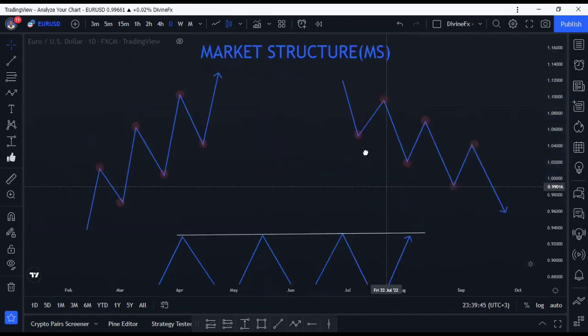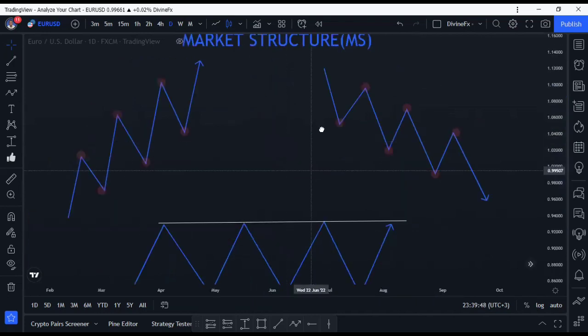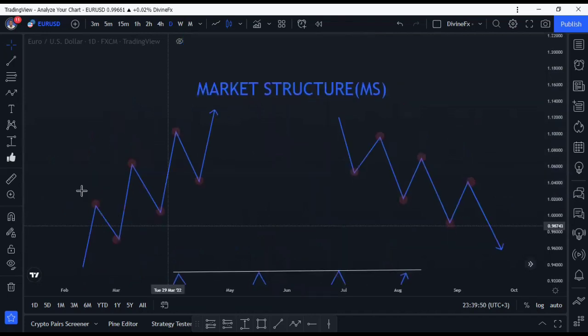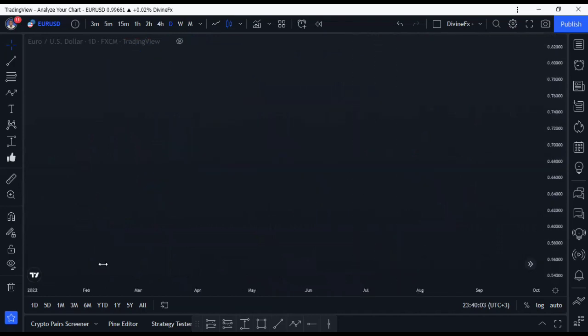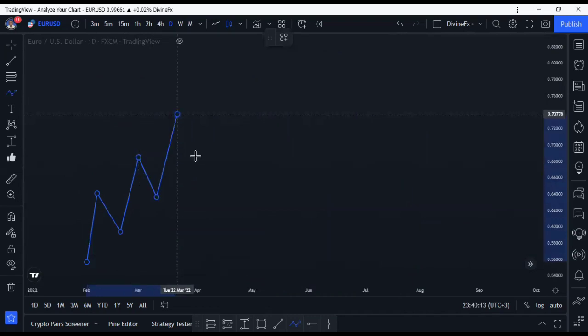So how do we know that the market has shifted from an uptrend to a downtrend, or from a downtrend to an uptrend? Suppose the market is moving in lower low, lower high, lower low, lower high.